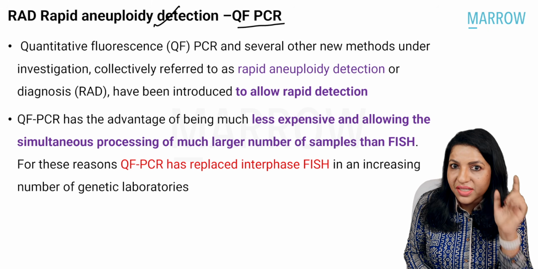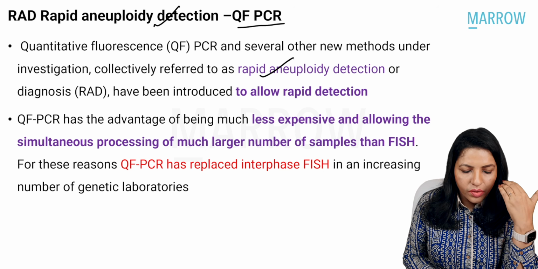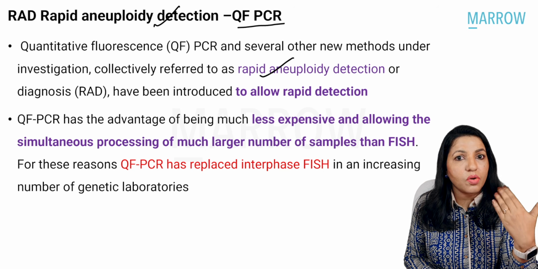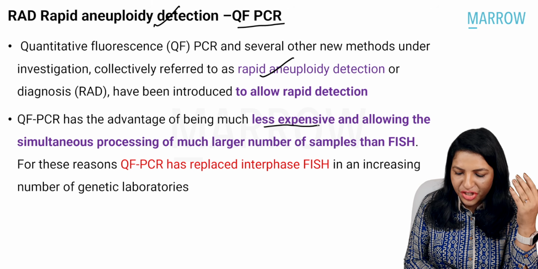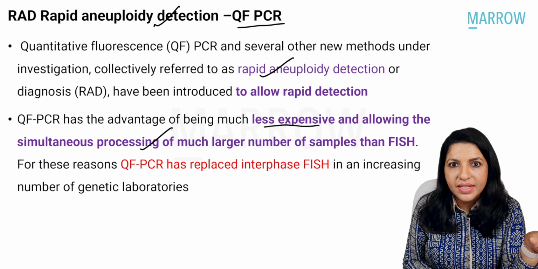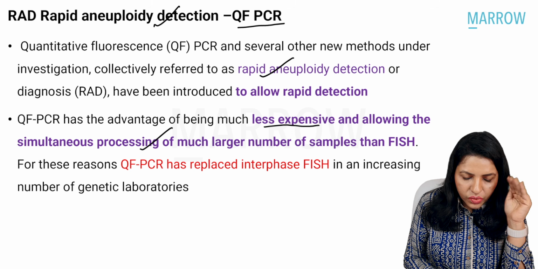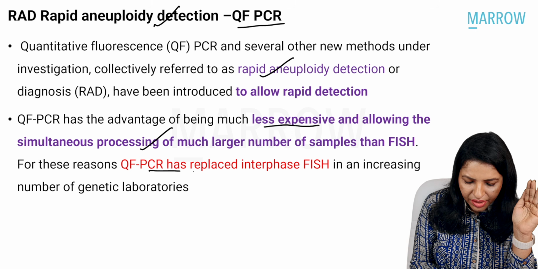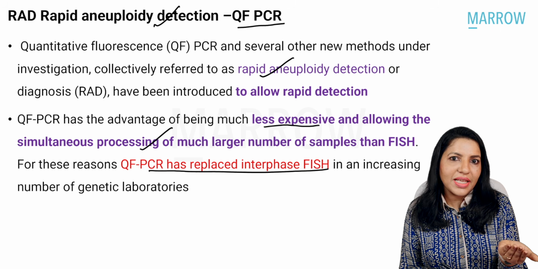The advantage is rapid aneuploidy detection, right? It has several advantages over FISH. One is that it is less expensive than FISH. Then simultaneous processing of much larger samples is possible with QF-PCR. So QF-PCR has actually replaced interphase FISH. Again, a better technique than FISH.